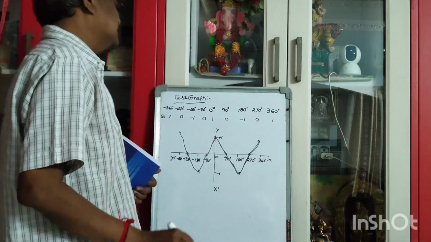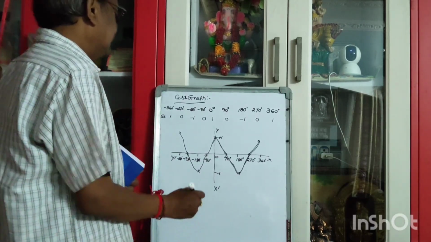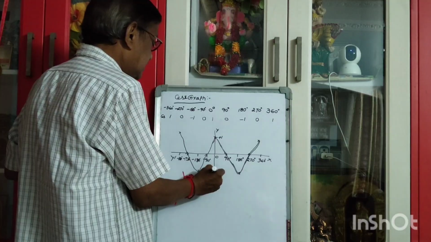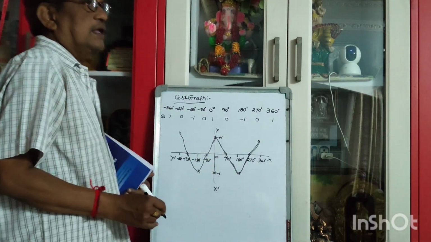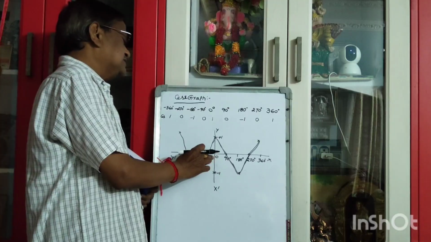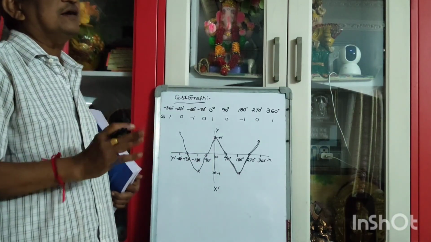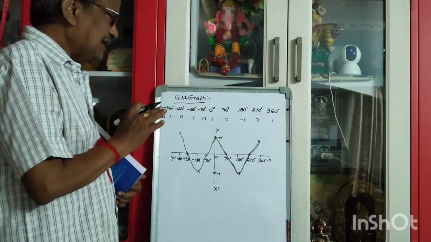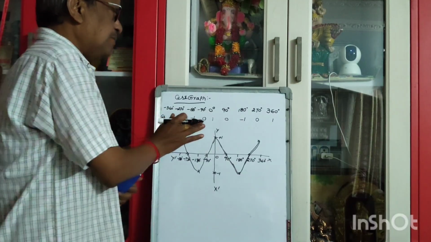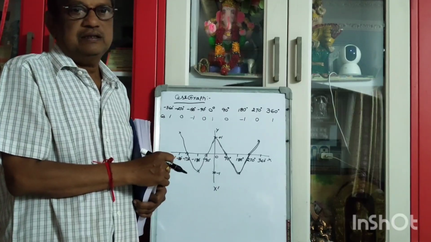This is the cos x graph. The cos x graph also lies between plus 1 and minus 1, but the cos x graph does not pass through origin. So for sin and cos, they will consider the values between plus 1 and minus 1.